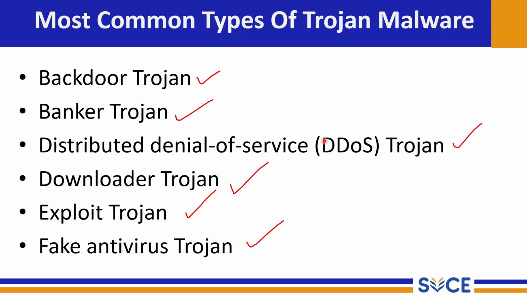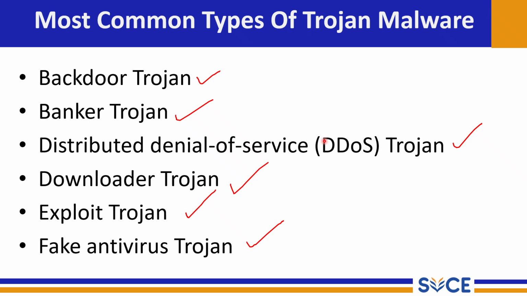Next one is the rootkit Trojan. A rootkit is a type of malware that conceals itself on a user's computer. Its purpose is to stop the malicious program from being detected, which enables the malware to remain inactive on an infected computer for a longer period. The next one is the short message service Trojan, that is SMS. An SMS Trojan infects mobile devices and is capable of sending and intercepting text messages.